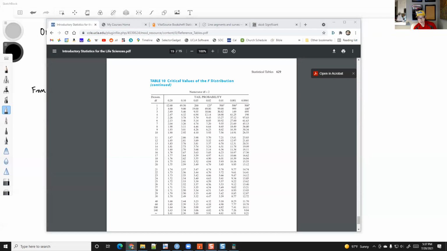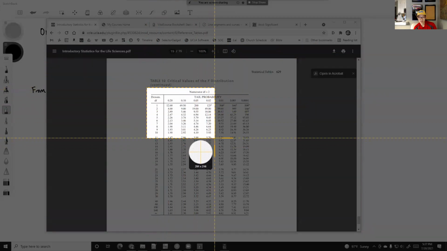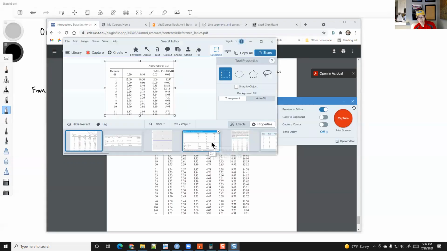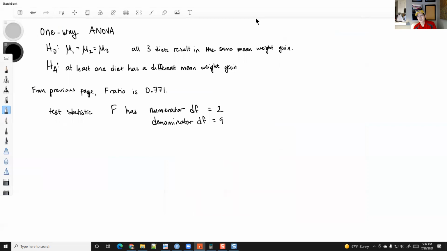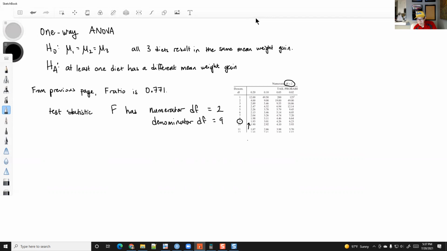Now, most F tables don't look like this. You can look up F tables online, and to be honest, we really just throw things into the computer and ask for a p-value anyway. But here we have numerator degrees of freedom 2, denominator degrees of freedom 9, and 0.771 is less than that first row, 1.93.